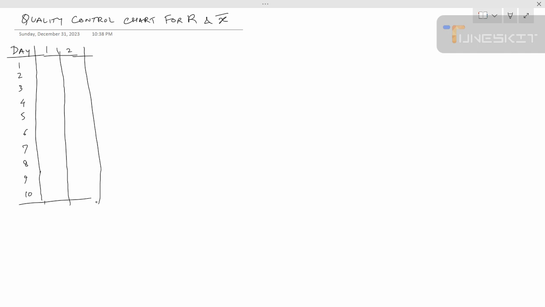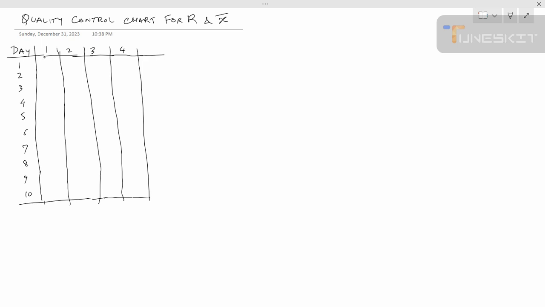So if the start time is 10 a.m., then the first customer is selected at 10 a.m., the next one at 10:15, the third one at 10:30, and the fourth one at 10:45. So four customers have been selected.